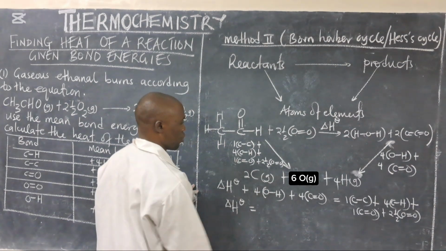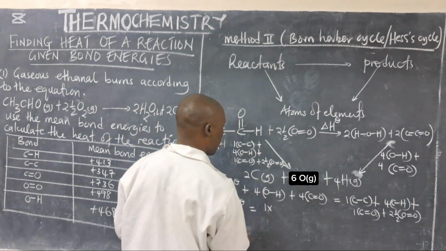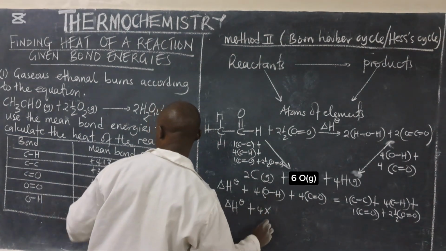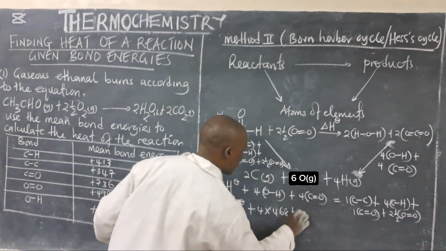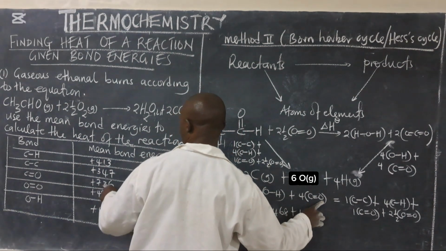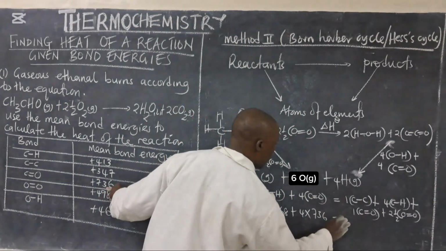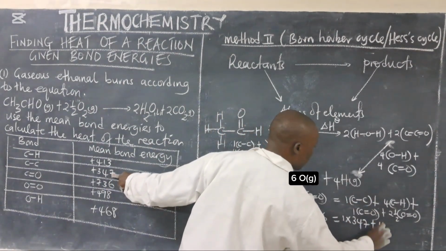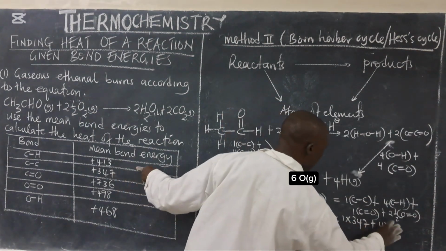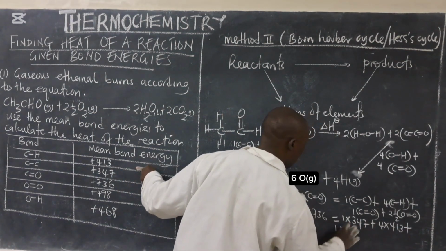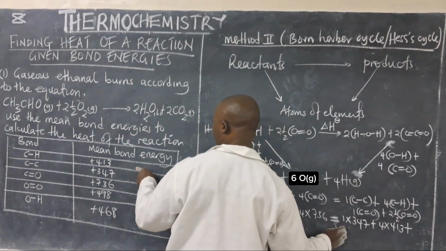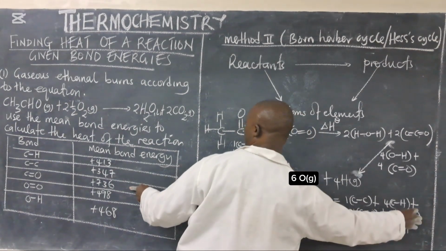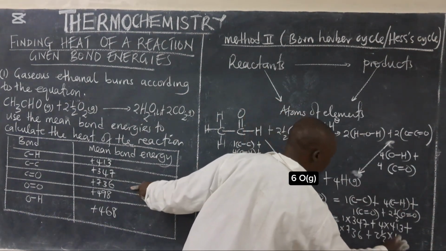It's going to be this side: 1 times, this is 4 times the O-H bond, which is 468, then plus 4 times the CO bond, which is 736, is equal to 1 times the CC bond, which is 347, plus 4 times the CH bond, which is 413, plus 1 times the CO bond, which is 736, then plus 2.5 times this bond here, which is 498.